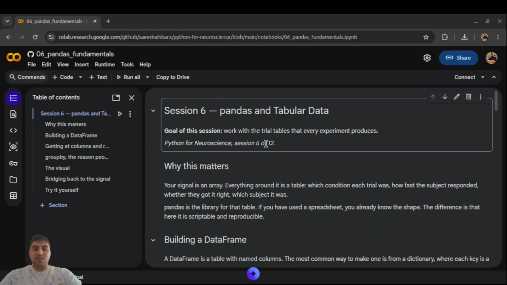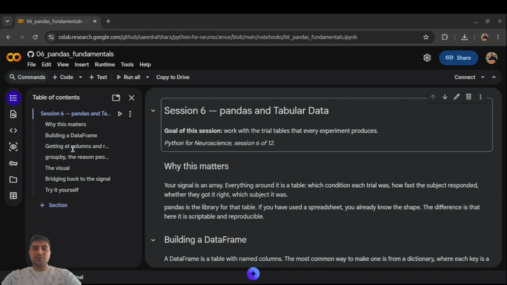People at the time thought mental events were outside the reach of measurement. Donders handed them a stopwatch and a subtraction. That number, called reaction time, is still everywhere in cognitive science and neuroscience.